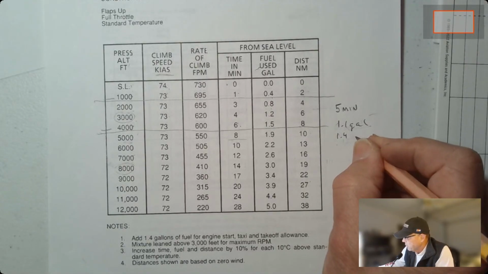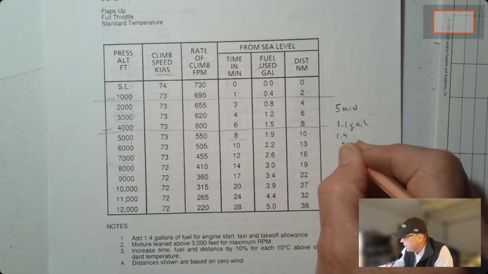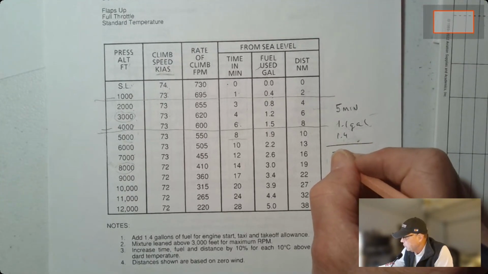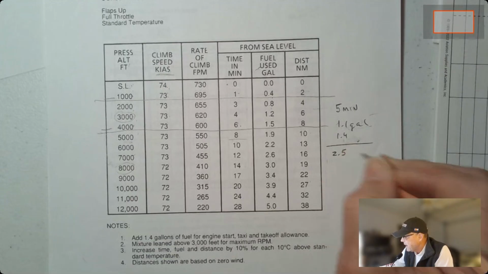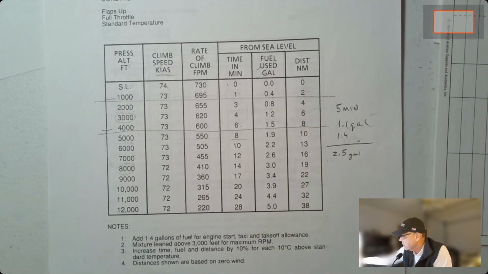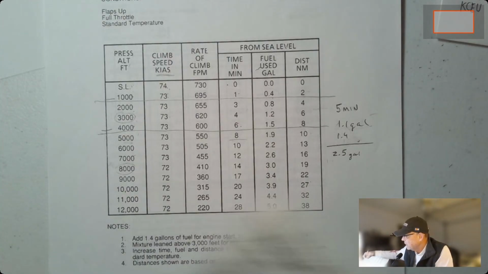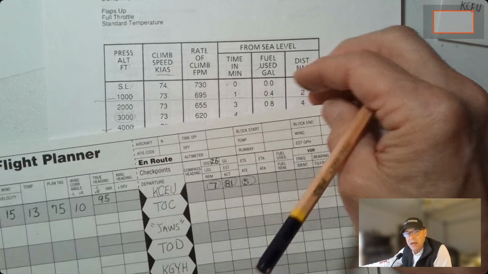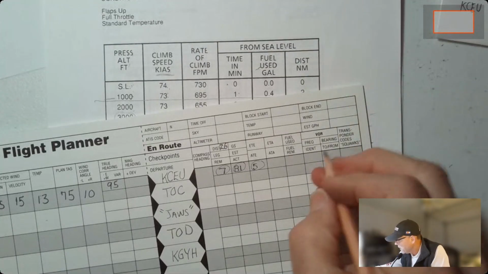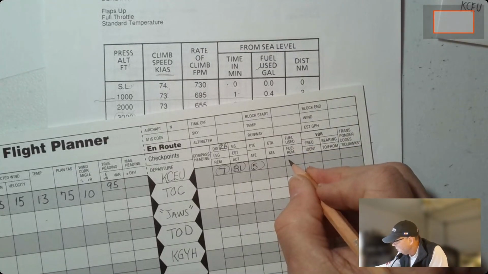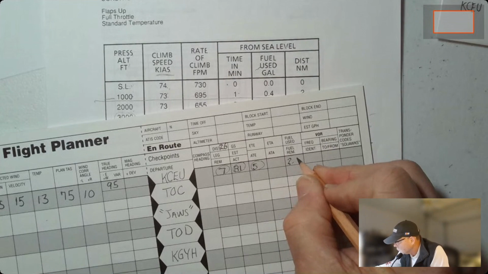That's taxiing, waiting to take off, and all that kind of stuff. So that's 2.5 gallons that we're going to use for start, taxi, take off, and climb. And I want you to put that right here on fuel used.